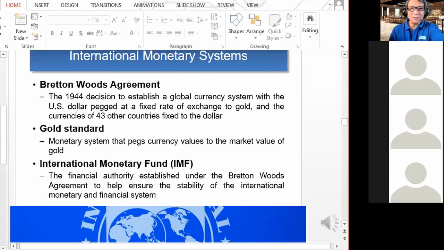So the establishment of the Bretton Woods Agreement tried to consolidate the economy of the world, so that no nation would suffer. Let's have a lot of regulation so that we can trade easily. No confusion about money, about the exchange rate. So those are the origins. That is why we had this Bretton Woods Agreement.